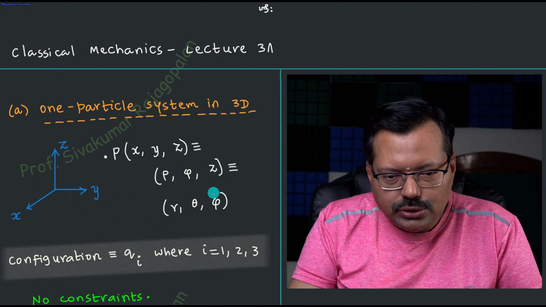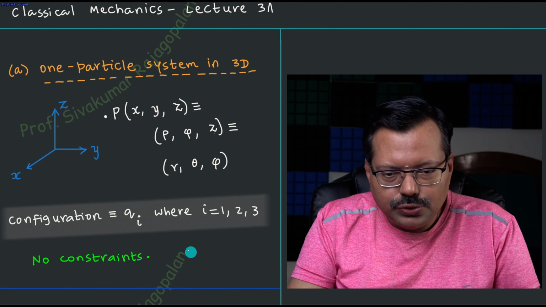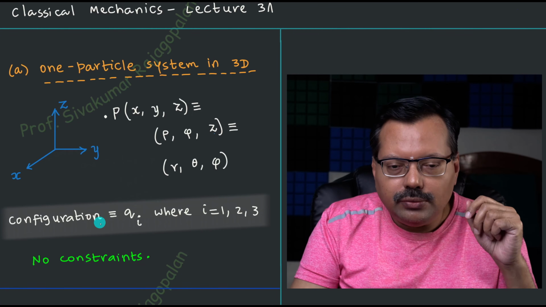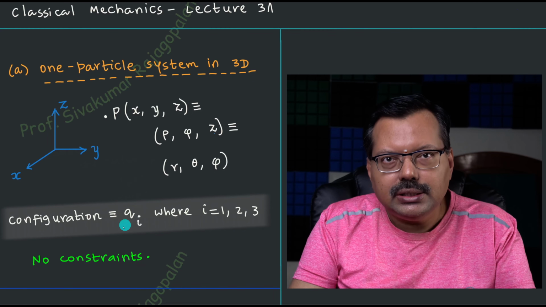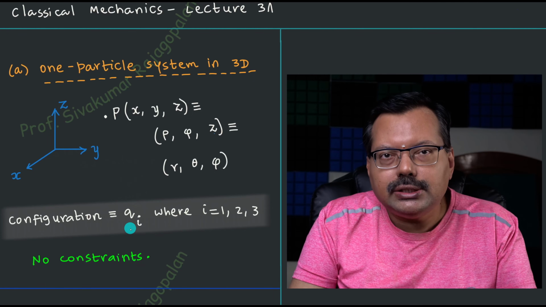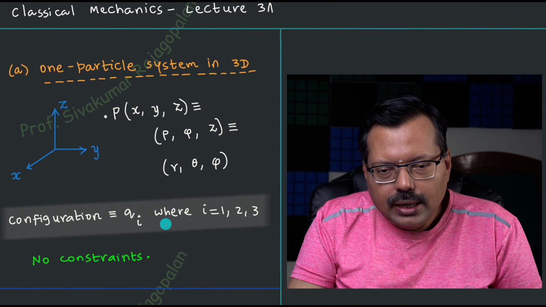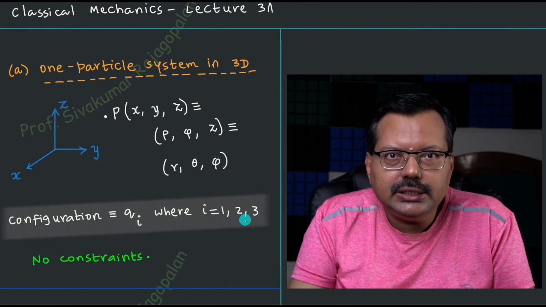So what we are trying to say finally is that the configuration of the system, and here I have written the word configuration, is the word that we are going to use. The configuration of the system, in our case a single particle system, is written using the generalized coordinate notation, the symbol q_i. And the important point is that i equal to 1 to 3 has to be written down explicitly.